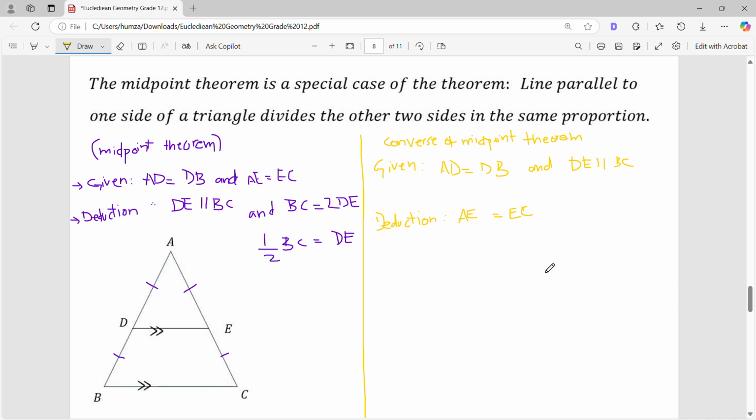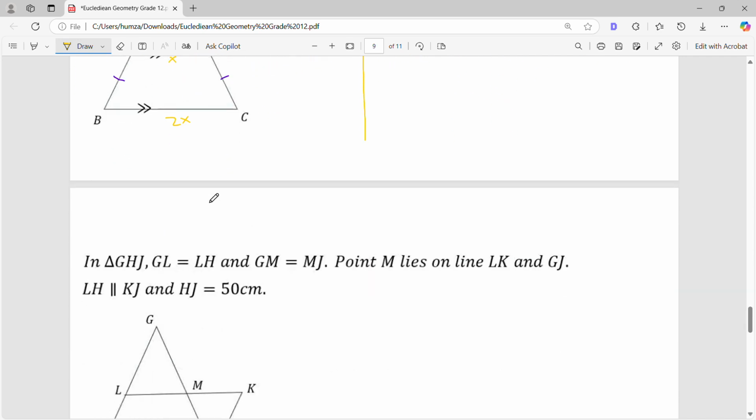And when AE is equal to EC, we can also say that DE is equal to half of BC. So we can say if DE is X, then BC will be 2X. So this was the midpoint theorem and the converse of the midpoint theorem.